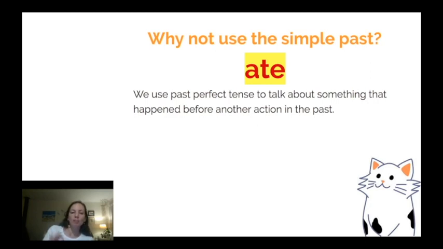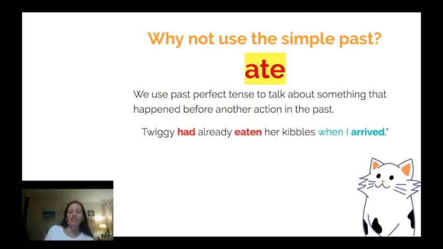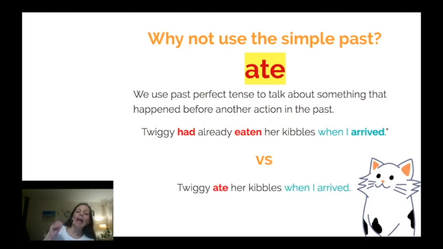So we use the past perfect tense form to talk about something that has happened before another action in the past. So Twiggy had already eaten her kibbles when I arrived is different to Twiggy ate her kibbles when I arrived.